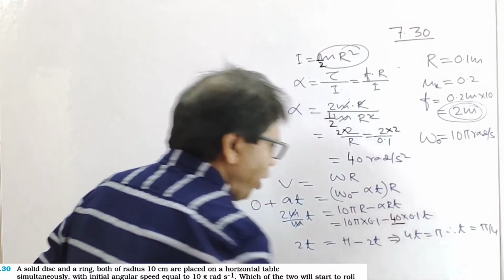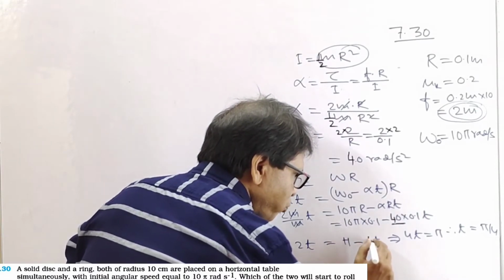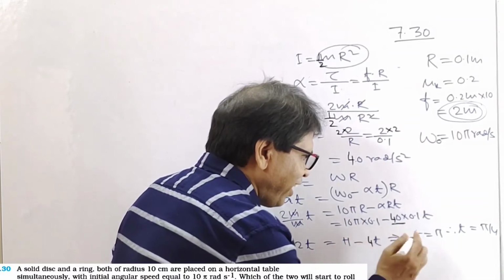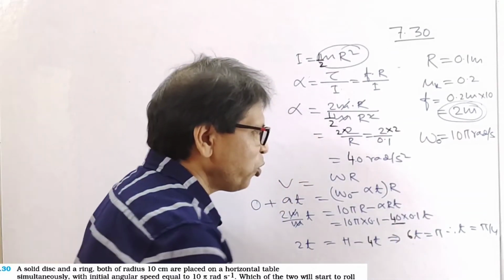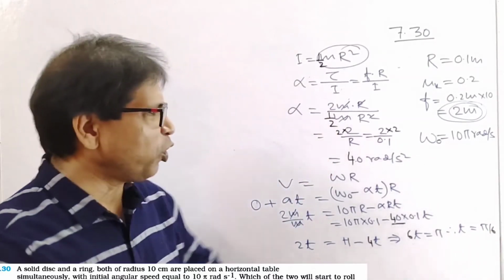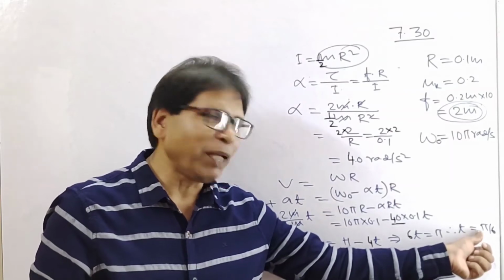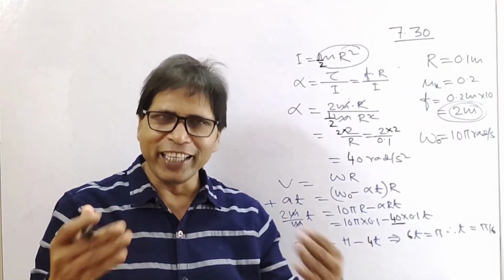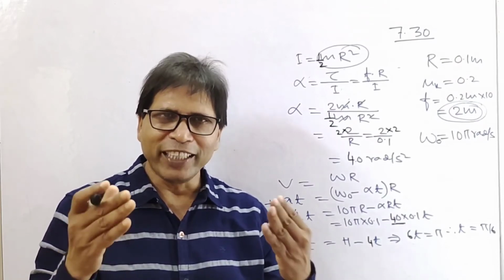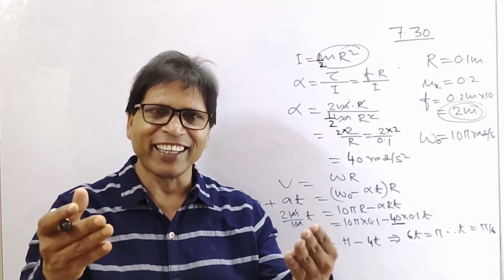Okay, now from this equation we get 4, and if this is 4, then this is 6. So t equal to pi by 6. So the disc starts pure rolling in pi by 6 second, while the ring starts pure rolling in pi by 4 second. So the disc starts pure rolling earlier than the ring.